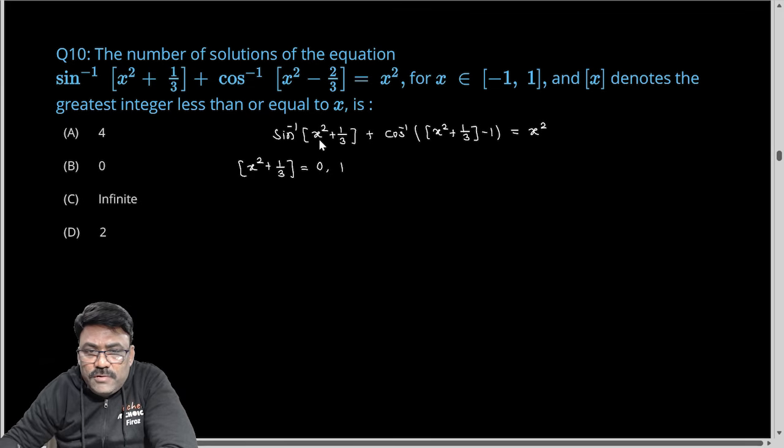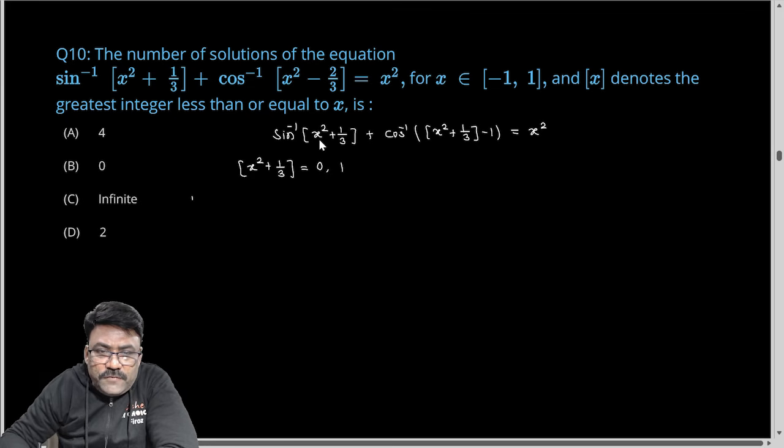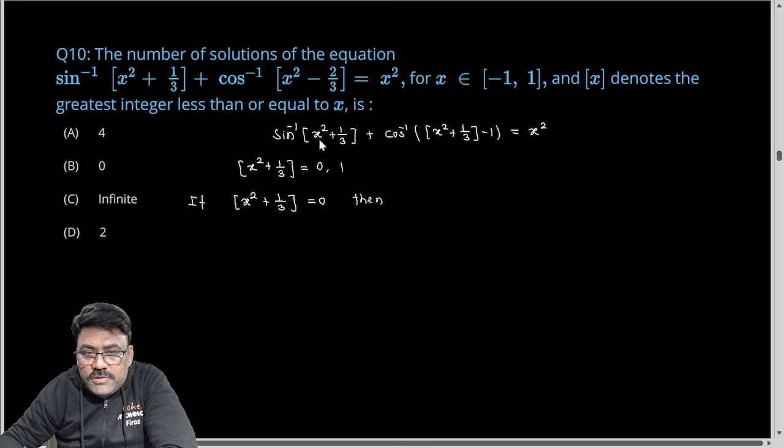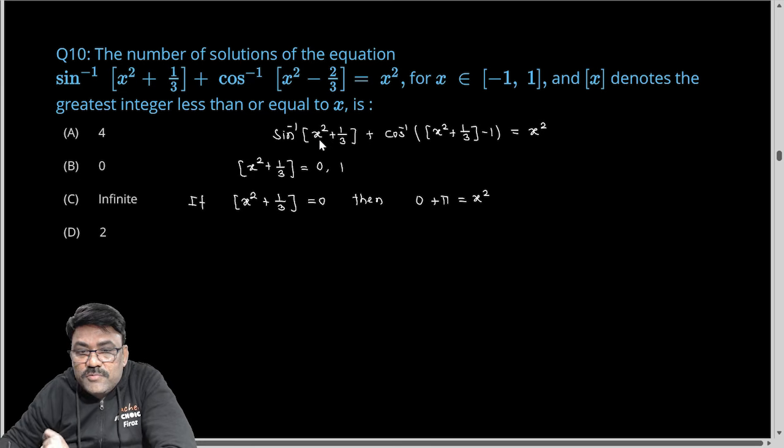So let's put each one by one. If I take this integral part of x square plus 1/3 as 0, then what is your equation? Sine inverse 0 is 0. Cos inverse -1 is pi. It is x square. So in this case, x square becomes pi.